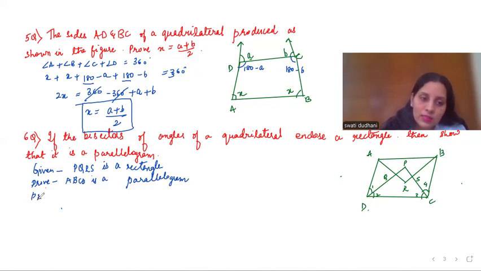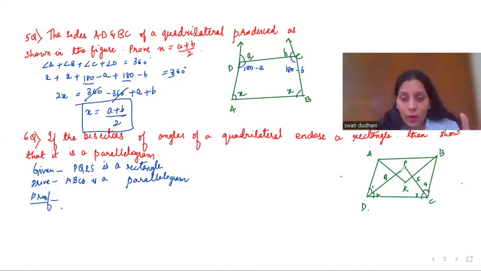Now let's start. First thing is, what do we need? You know, in a rectangle all the angles are 90. So I can take this as 90 degrees. Now, the bisectors mean the angle is divided into two equal halves, which means 1 is equal to 2. Similarly, 3 is equal to 4.